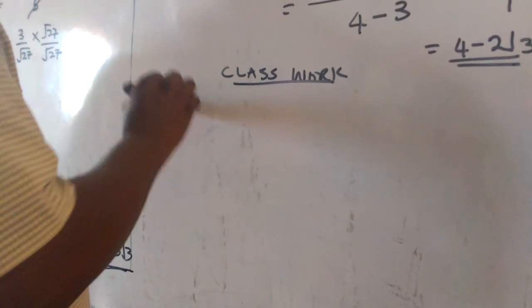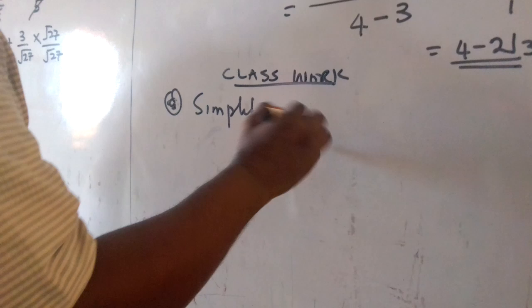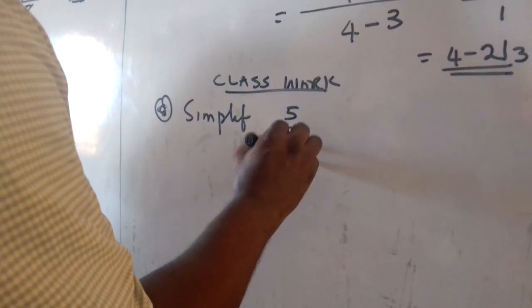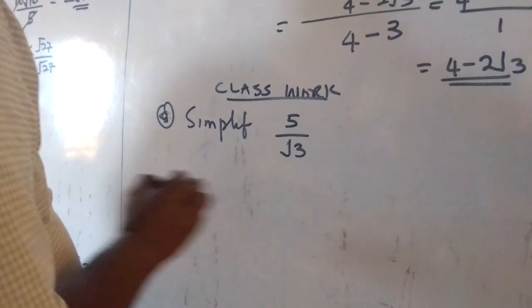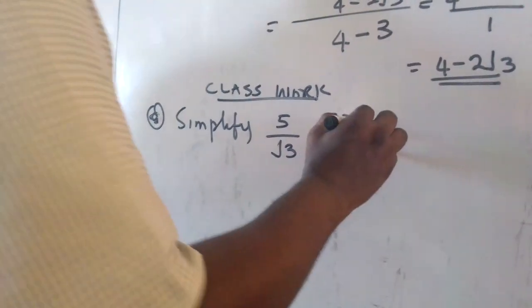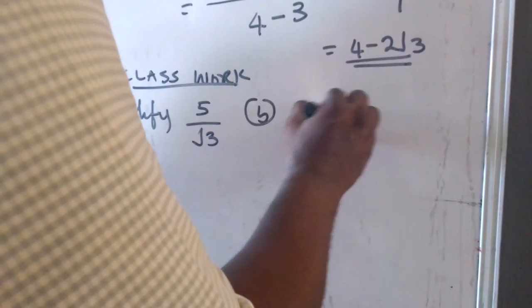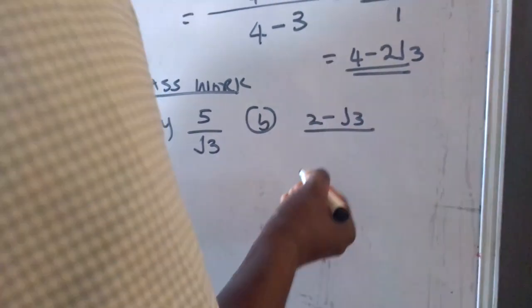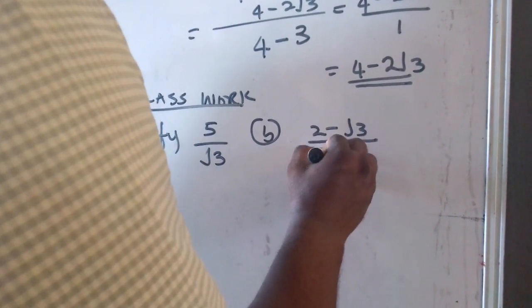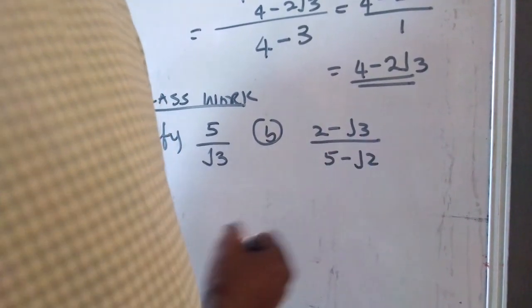1A. Simplify 5 all over root 3. Okay, and B, simplify 2 plus root 3 all over 5 minus root 2.